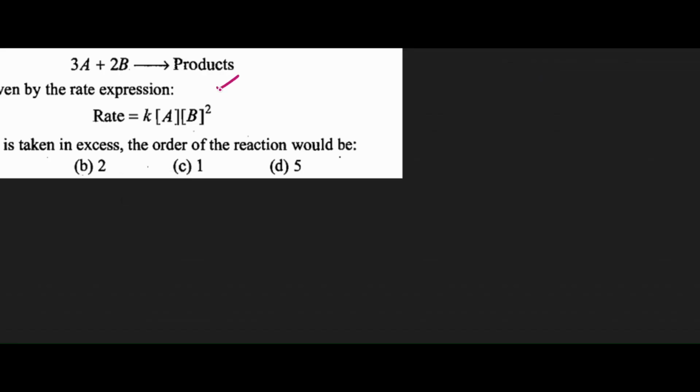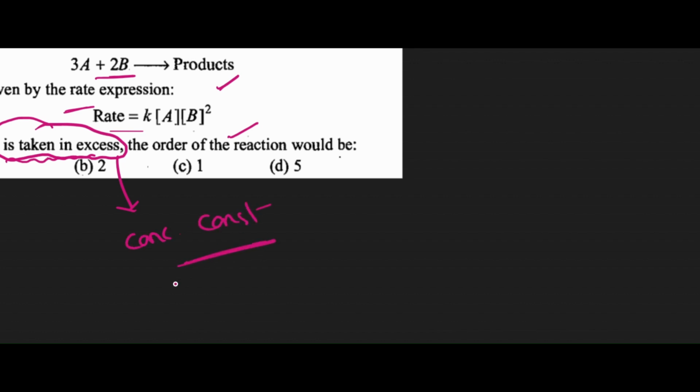Right here you can observe one more question. The rate of the reaction is given as r equal to k into concentration of A into B to the power of 2. When A is taken in excess, what is the order of the reaction? Whenever they have mentioned that the concentration of any reactant is taken in excess, then its concentration will become constant.